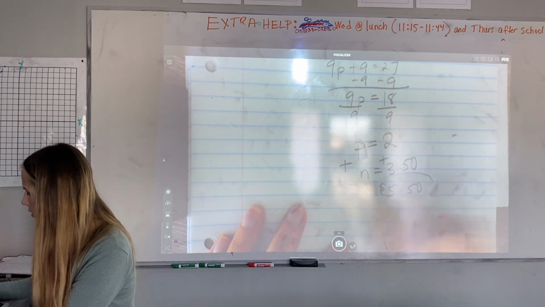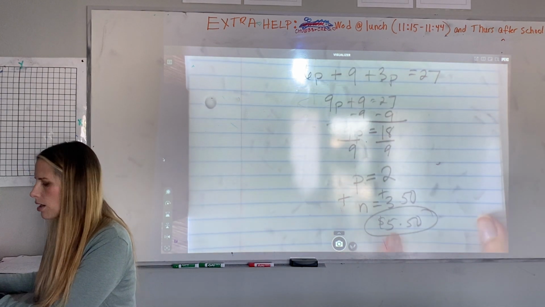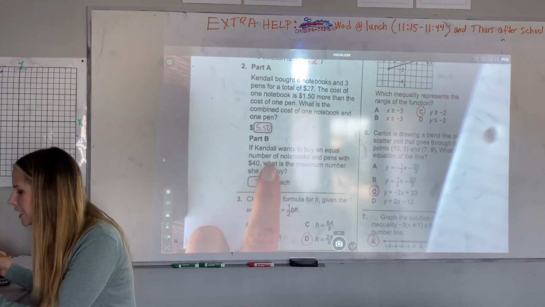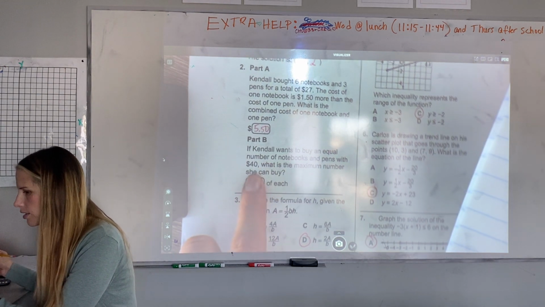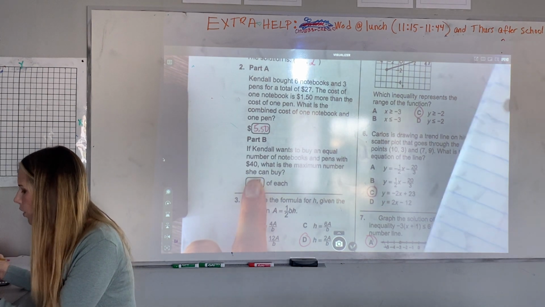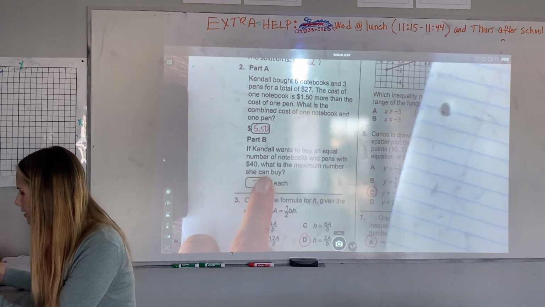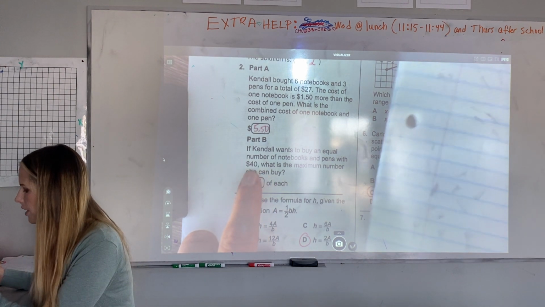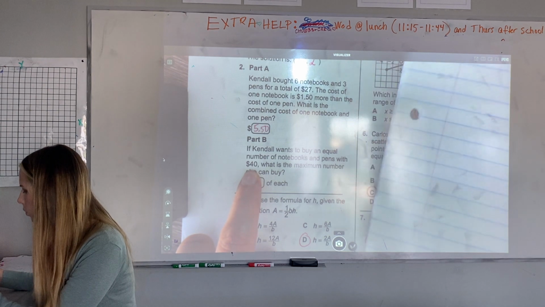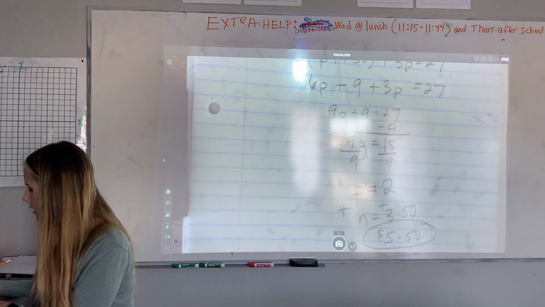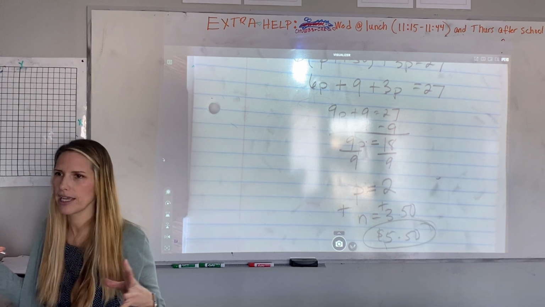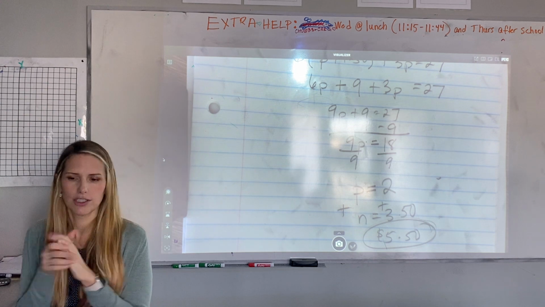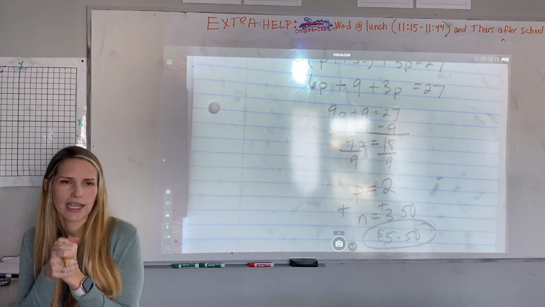Now here's the next part. This is our combined cost of a notebook and a pen. If she wants to buy an equal number of notebooks and pens with $40, what is the maximum she could buy? That's like leveling the playing field. Let's forget that they have different prices, and say together they make $5.50.